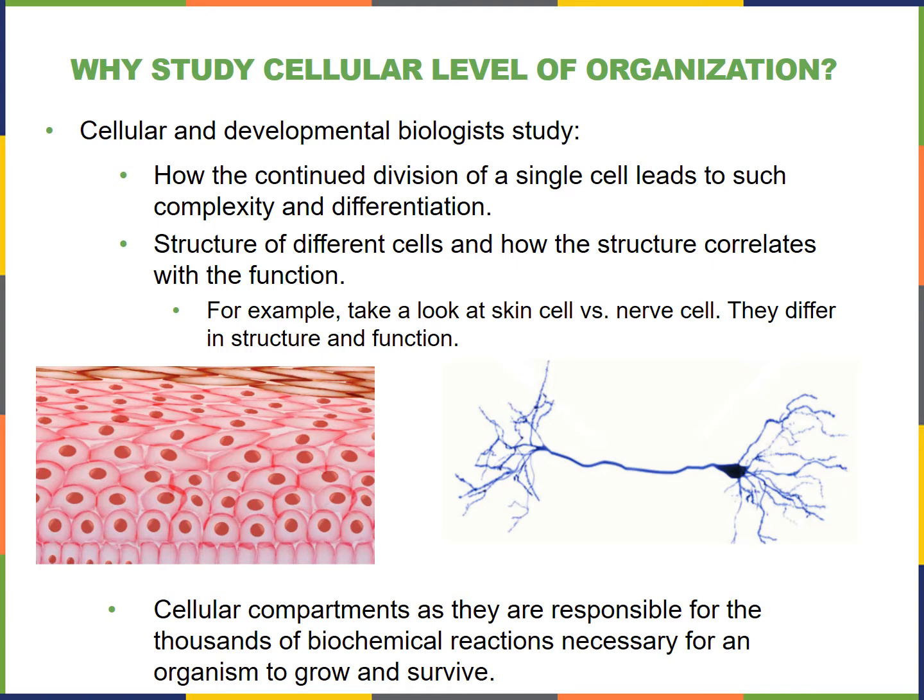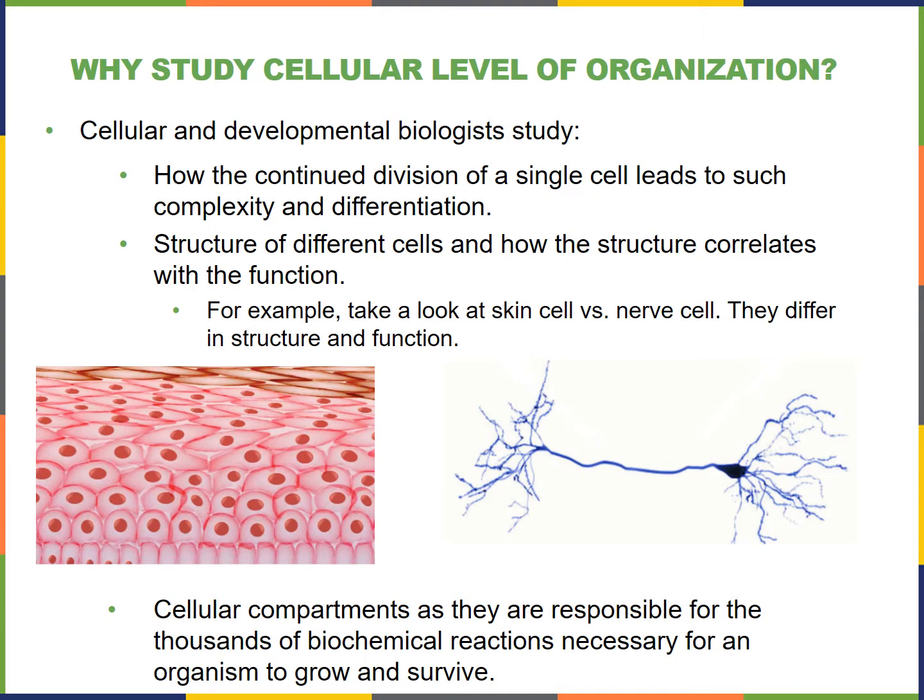Why study the cellular level of organization? Basically, this makes you understand the physiology of the body. Cellular and developmental biologists study how the continued division of a single cell leads to such complexity and differentiation, and the structure of different cells and how the structure correlates with the function.